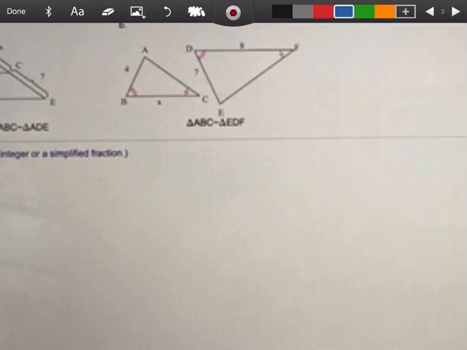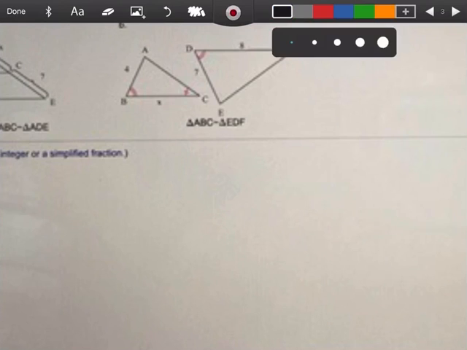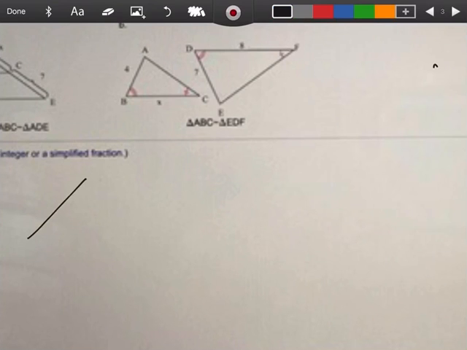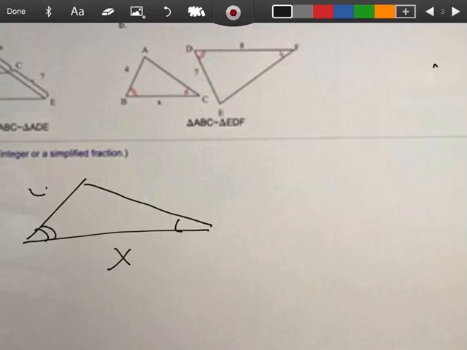Okay. Now let's go to part B. So here I have part B, okay? And I want to make sure that these triangles are sort of set up the same way, okay? So in the small triangle, we have something like this. We have this angle here. We have this one here. This side is X. This side is 4.